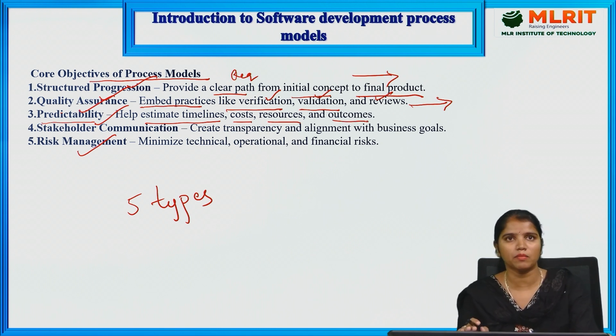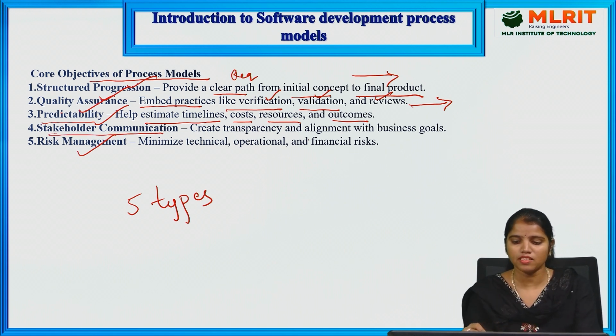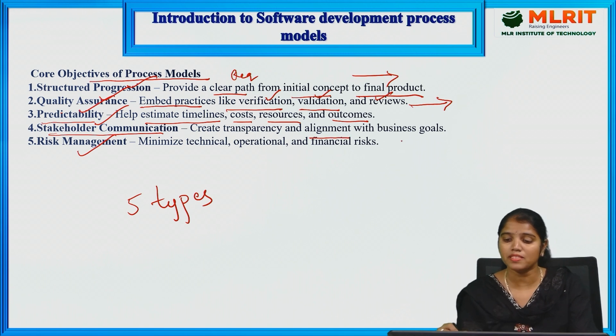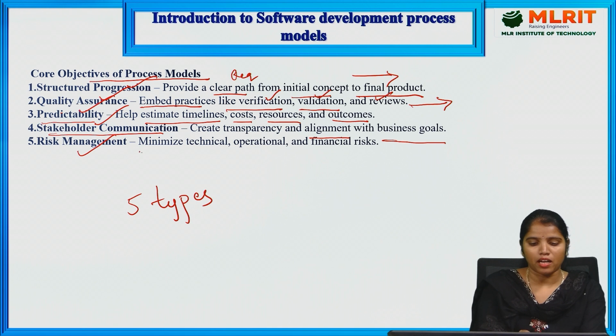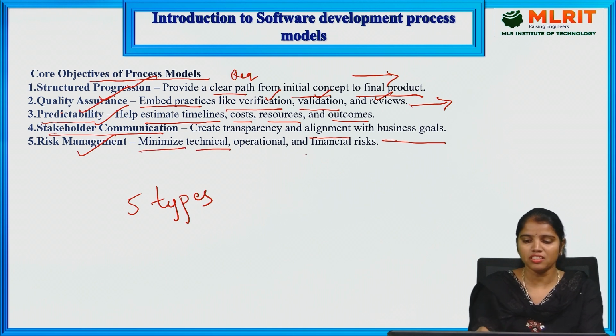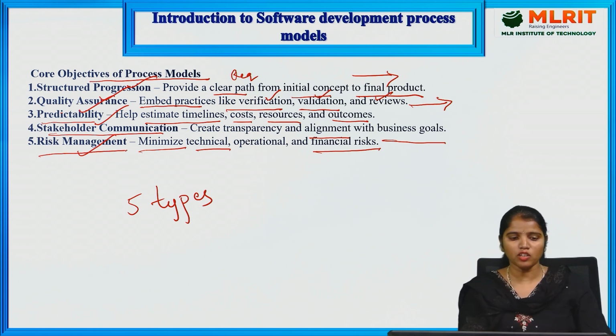Stakeholder communication creates transparency and alignment with business goals. Risk management minimizes technical, operational and financial risk. These are the 5 core objectives of process models.